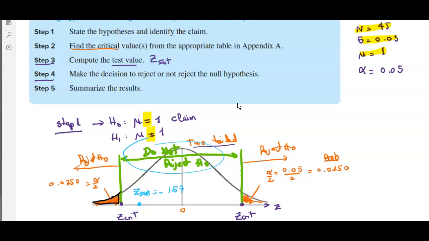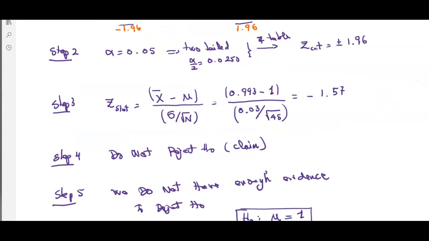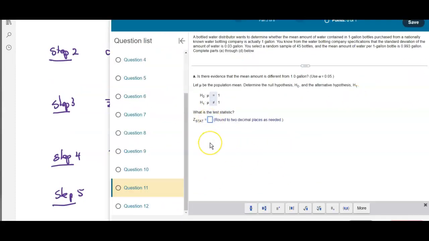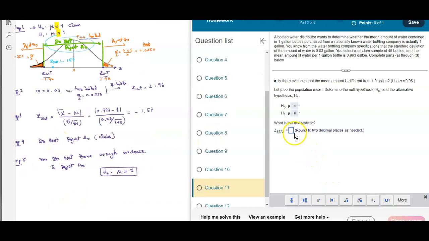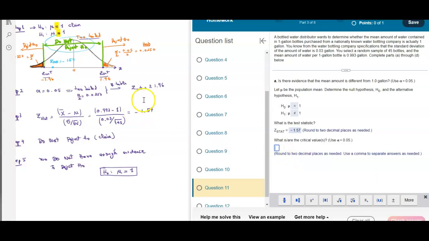All right, so now let's go back to the exercise and put in the values. So this one, z stat is going to be negative 1.57. Check it. Right, good. Now the critical value, we found there are two of them, which is 1.96.